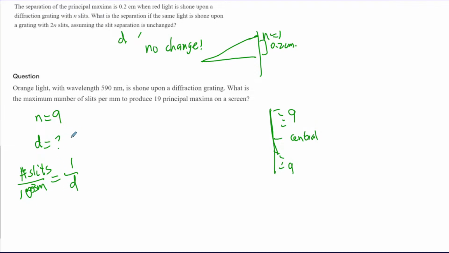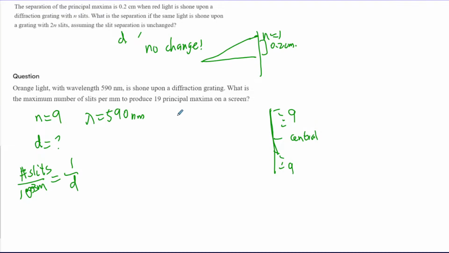So d, of course, we're looking for d, and then let's see what we know. We know the wavelength is 590 nanometers. And you say, well, if only we had sine theta. However, it's asking for the maximum number allowed, to have 19 maxima. Maximum number means to fit as much as possible, right? If you're narrower, you can fit more.